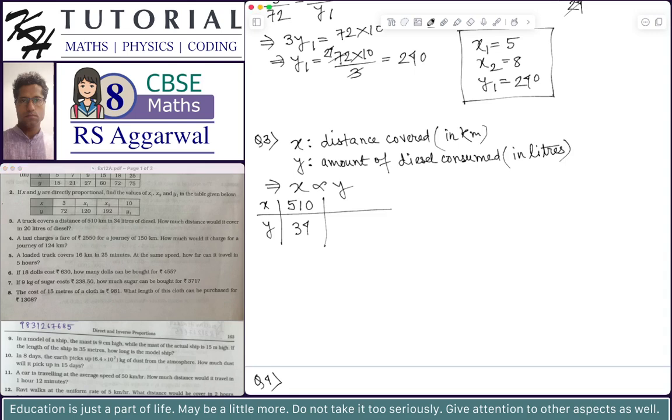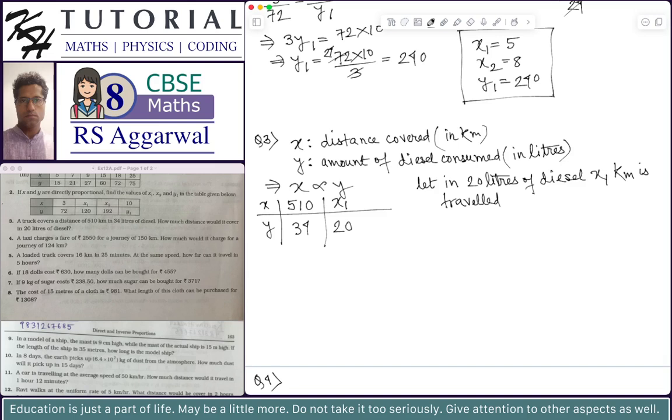Let's say in 20 liters of diesel, the truck is traveling x1 kilometer. Then we can add the data x1 and 20 in the table.